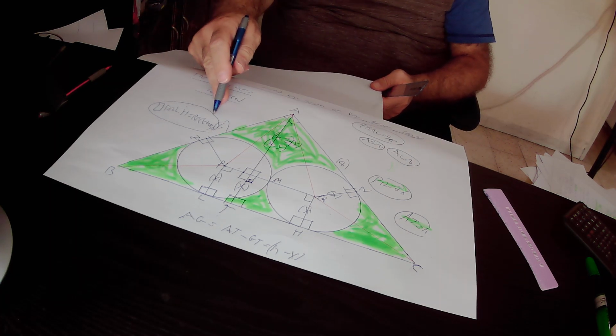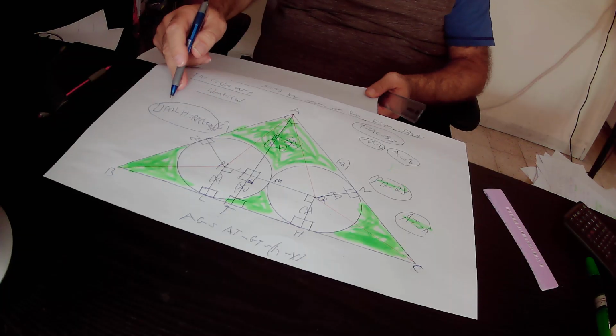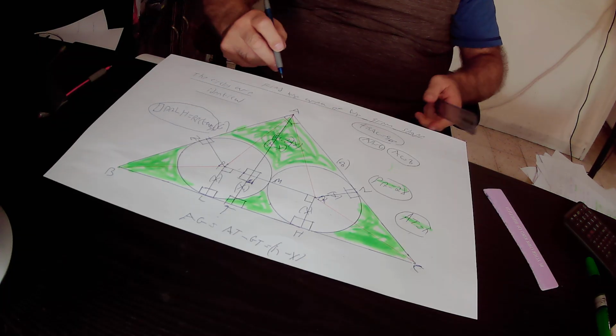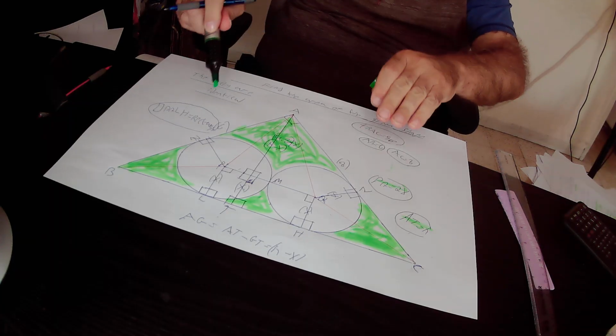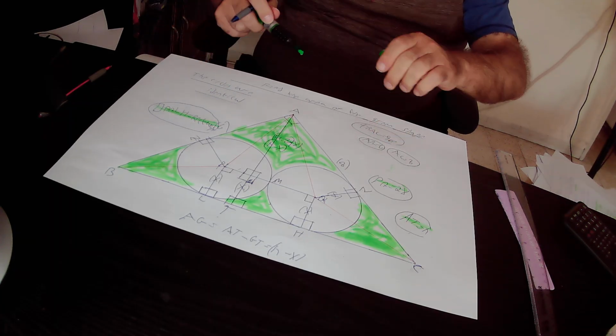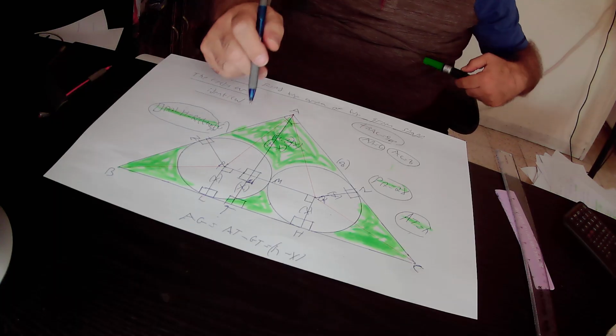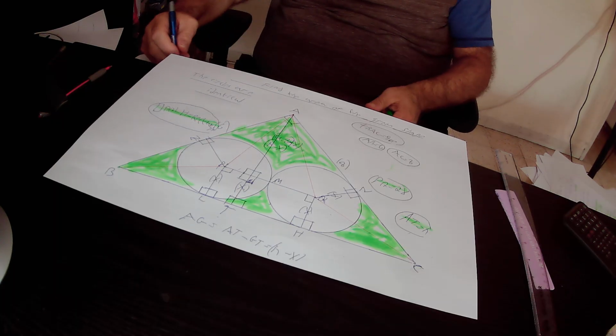Quadrilateral PQLH is a rectangle according to what we already found out.